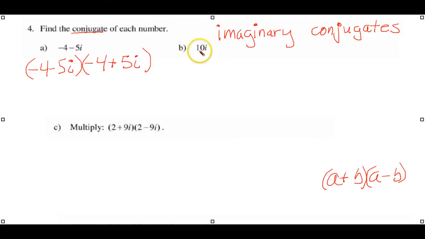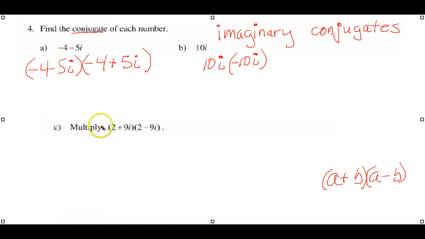Now here where you have 10i, the superficial conjugate of 10i would actually be a negative 10i. But I will be showing you a shortcut of that a little later.